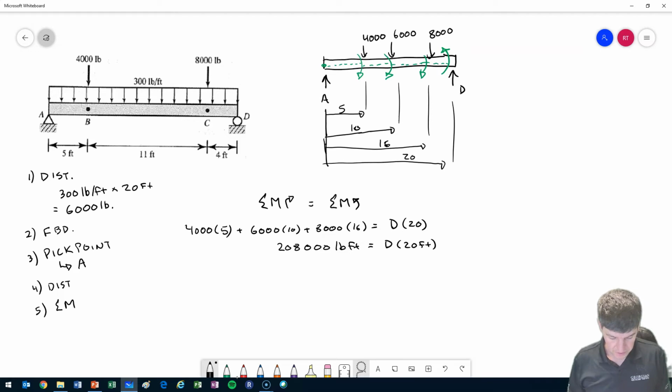And that divided by 20, so 10,400 pounds is equal to D.